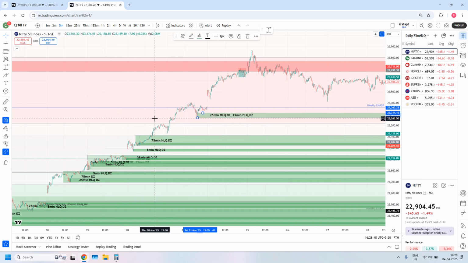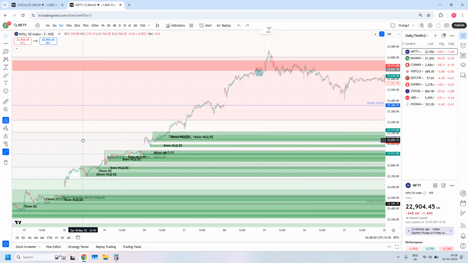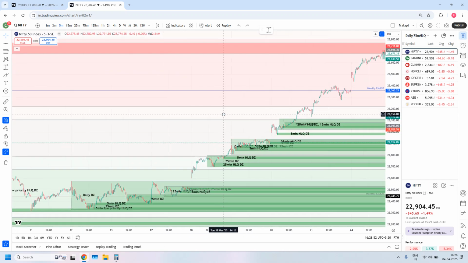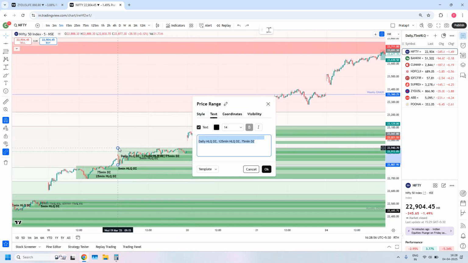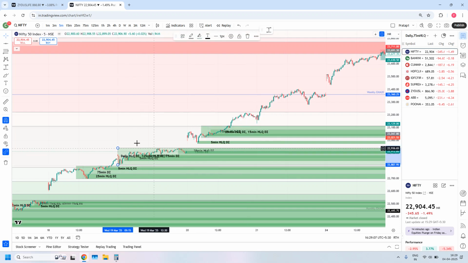Here we have a daily zone. This is the daily zone. See, this is the daily 125 minutes high liquidity demand zone, and this zone is also having a 75 minutes demand zone. Inside you have a 15 minutes demand zone.